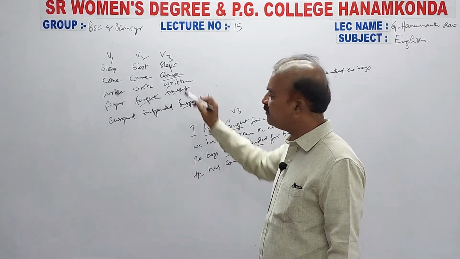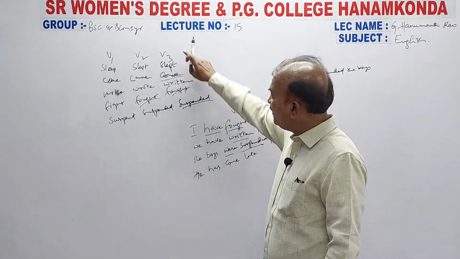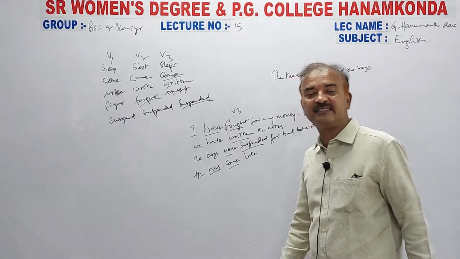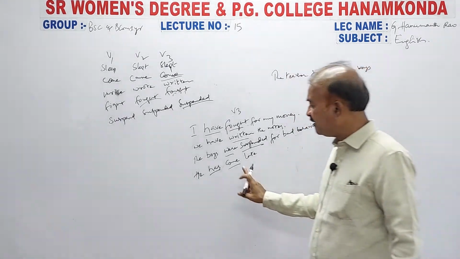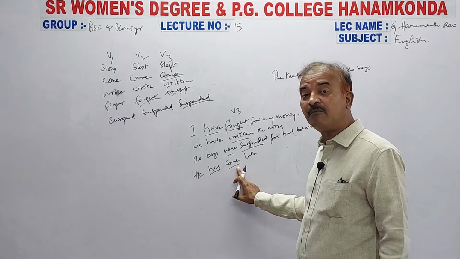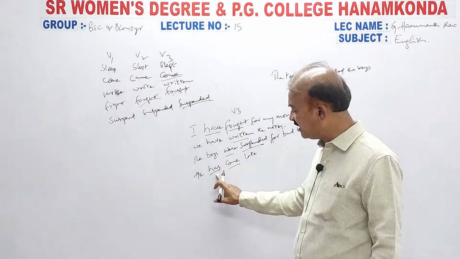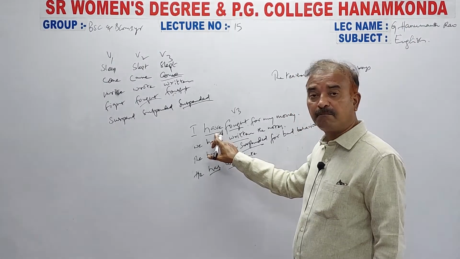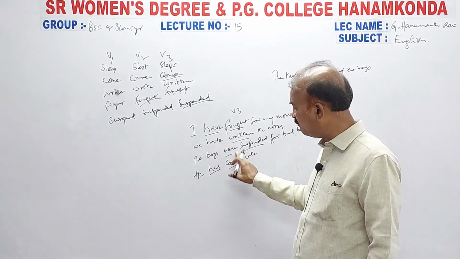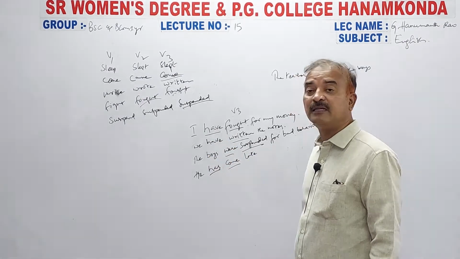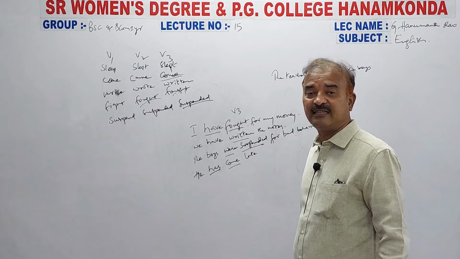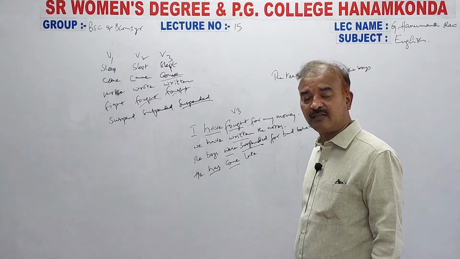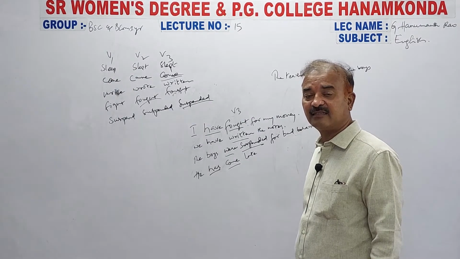Okay, come, V3 form. And here check this one, has and come, he has come. That means whenever a V3 form verb is taken, it is definitely preceded by some kind of perfect tenses or helping verbs like this, were. Okay, here this is the perfect tense. He has, she has, okay, the boy has, the teacher has.